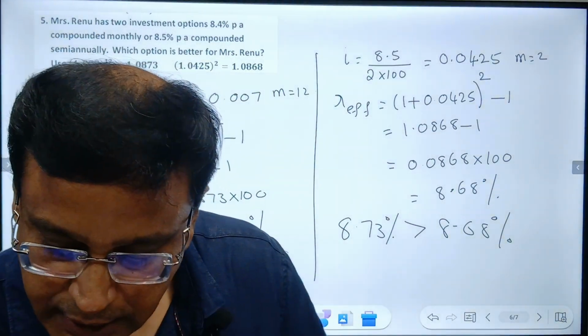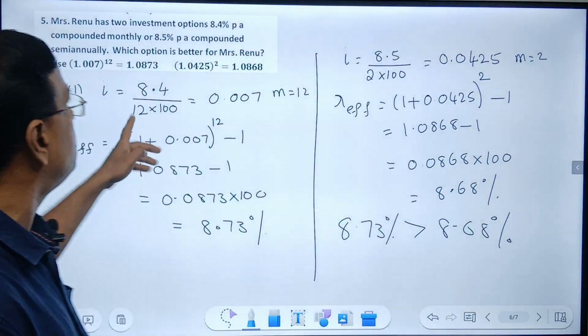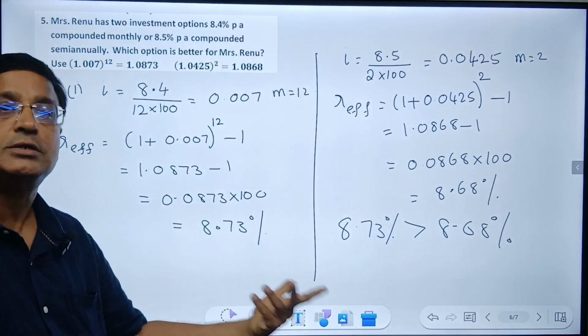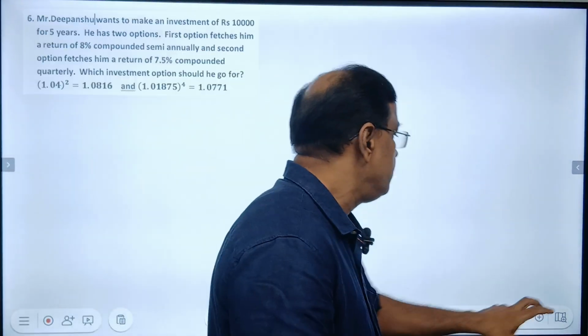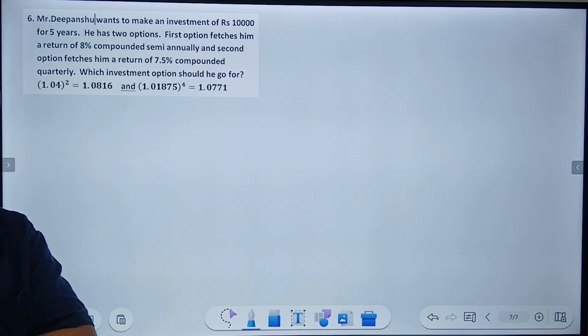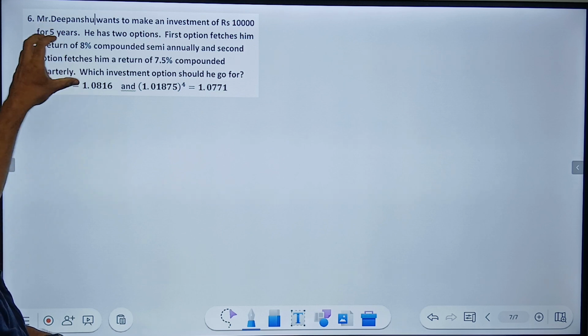Now let's go to the second one, the last sum. So now you can also understand the problem. You know, one has less interest compounded more. That is why the effective interest is high. The last one: Dipanshu wants to make an investment of rupees 10,000 for 5 years. I like this problem. I will tell you why this is very special.